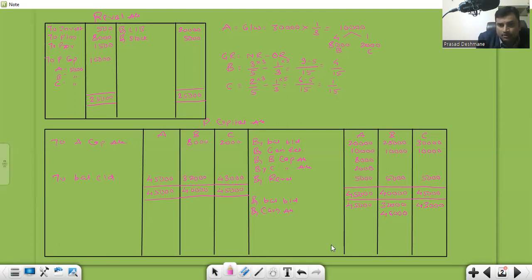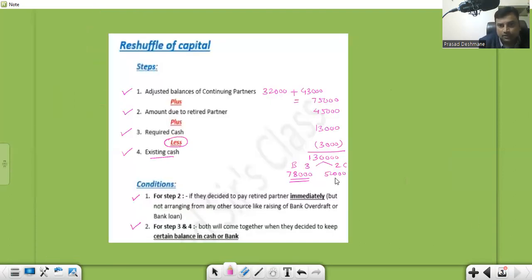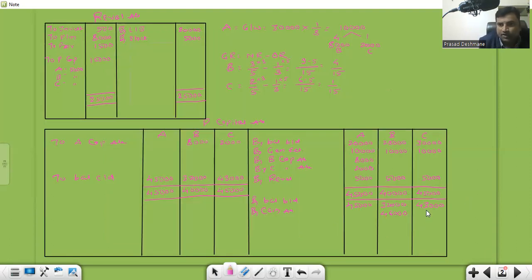Then check for C also. It's supposed to be 52 and he has only 43,000. So check it, 52 minus 43 is 55,000. So he'll bring 55,000. Correct?